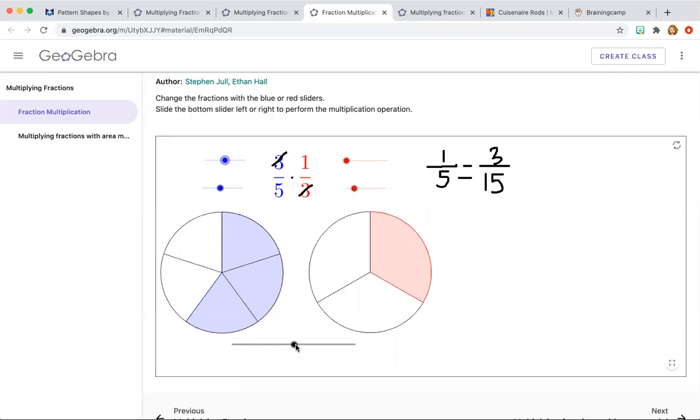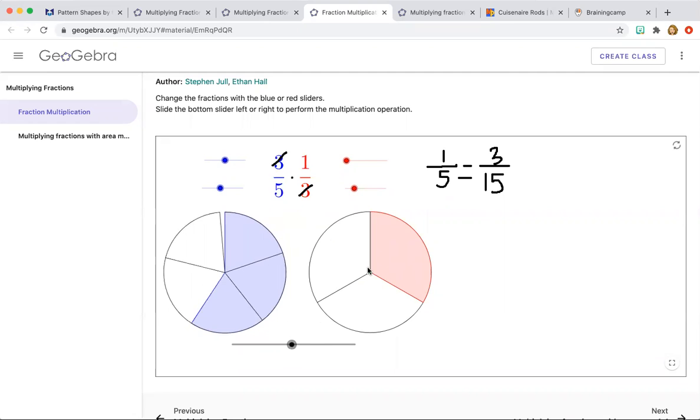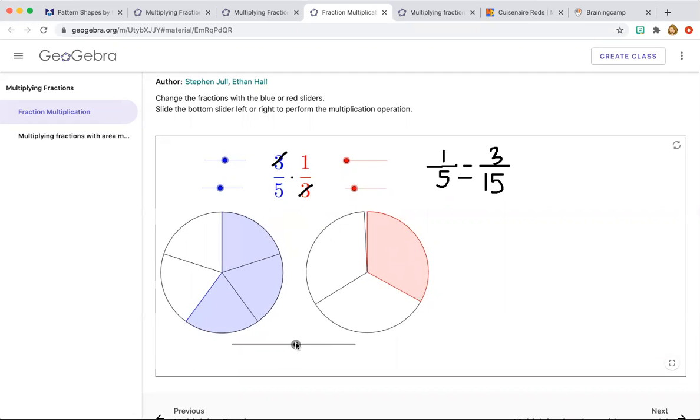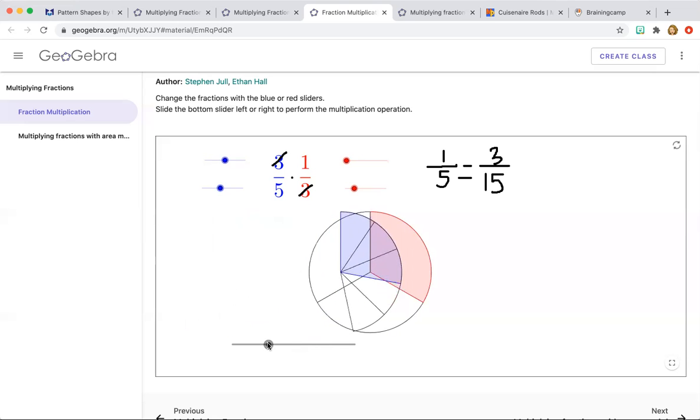So as I move this slider, it's taking my 1/3 piece. So this is 1/3, and now it's morphing. And now we see the overlap is now just this 1/5. Why is that? Or if we want to, you can go this way.